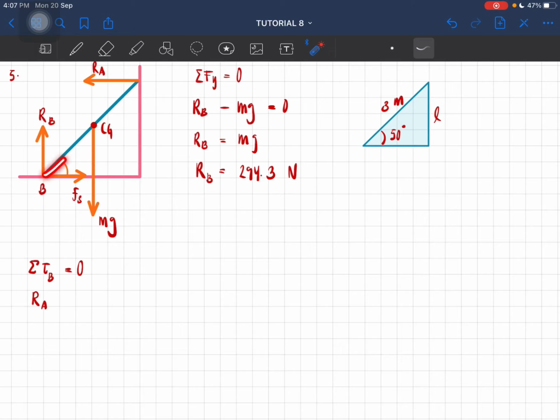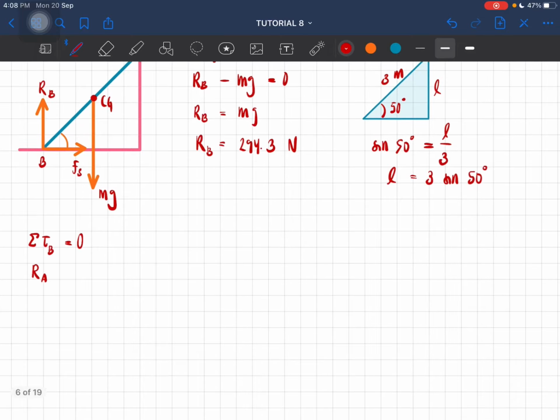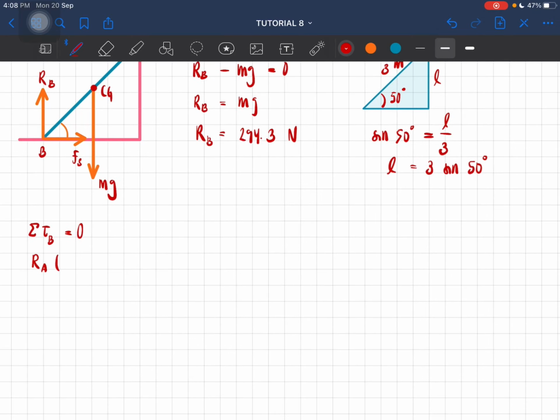Okay, so from here up till here is 3 meter. Kita mau distance yang ini saja. So we can use sine 50 degree equal to opposite, which is L, over the hypotenuse, which is 3. So L is basically 3 sine 50 degree. Okay, so dia punya distance is 3 sine 50 degree.